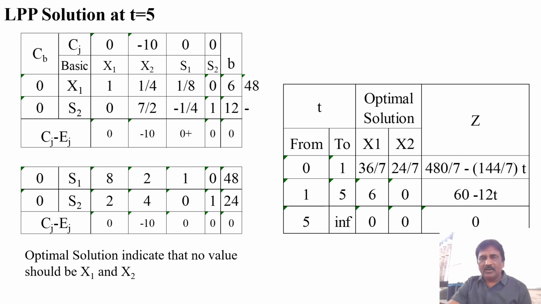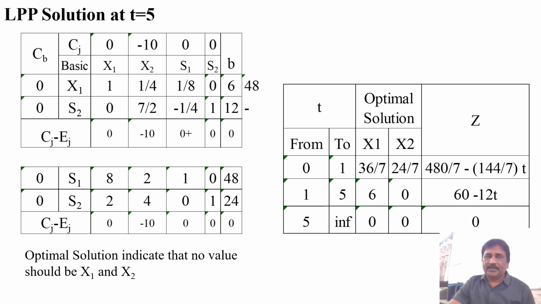You may find once again that Cj minus Ej here comes out to be 0, and here it is minus 10. This is going to be 0 plus, because we saw that this was becoming 0 in the previous iteration. This was becoming 0 at t equal to 5. So if t exceeds 5, this is going to turn positive, right?